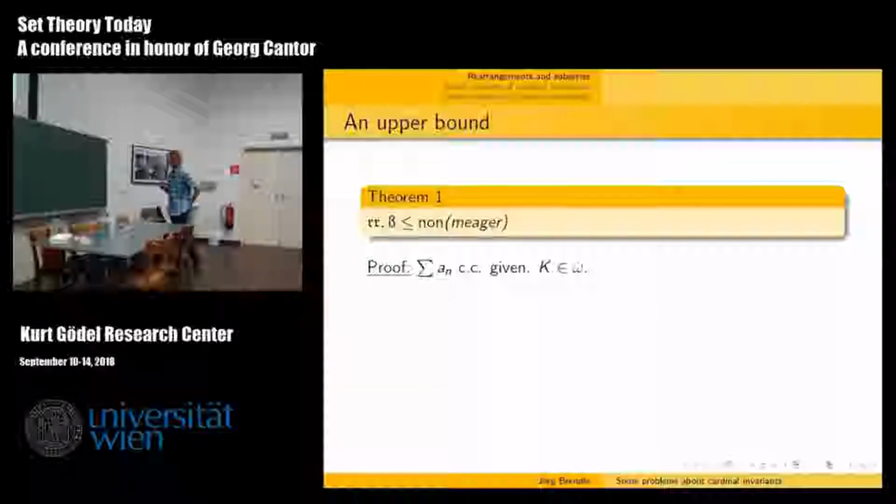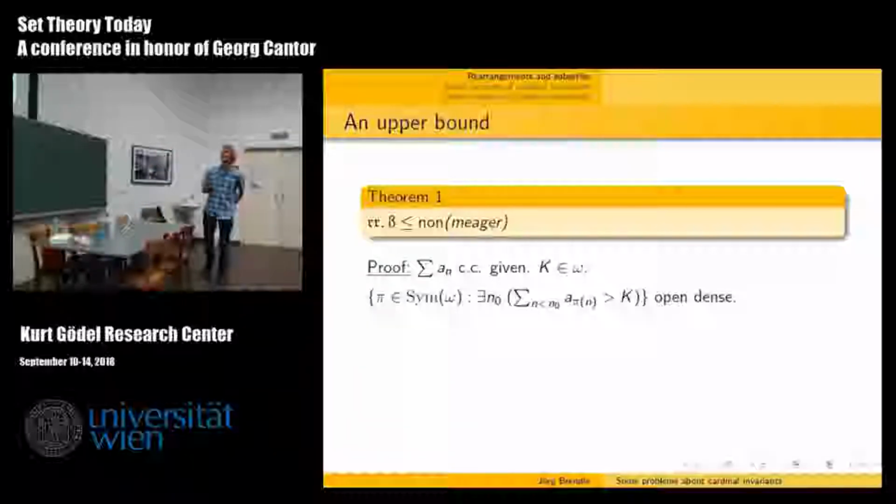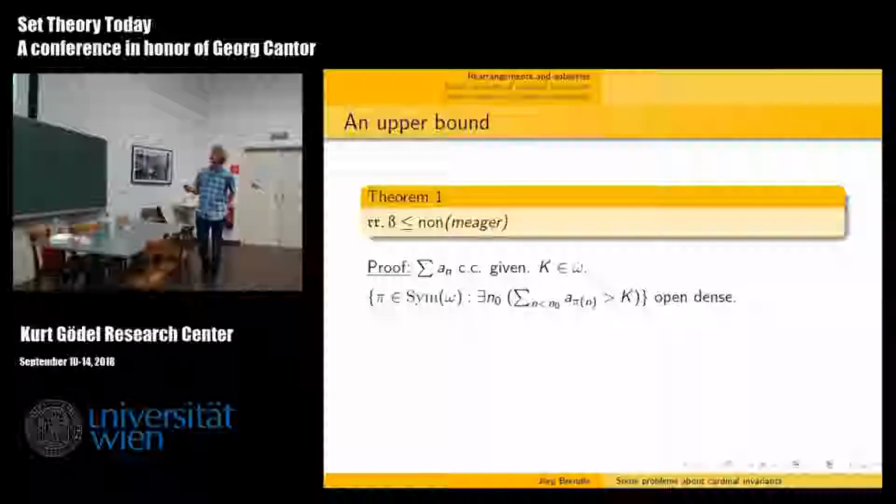So let us look at a conditionally convergent series, just one, and also assume we are given some natural number k. Now we look at the collection of all permutations of omega such that there is some number n0 such that the partial sum up to n0 of the permuted series, so it's just a finite partial sum, is bigger than k.